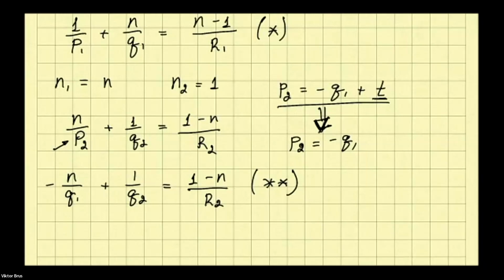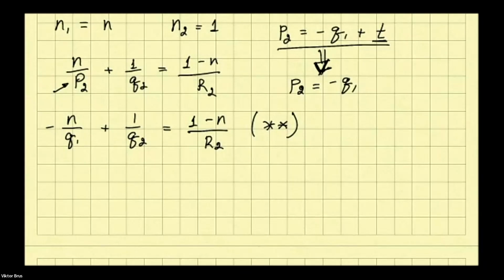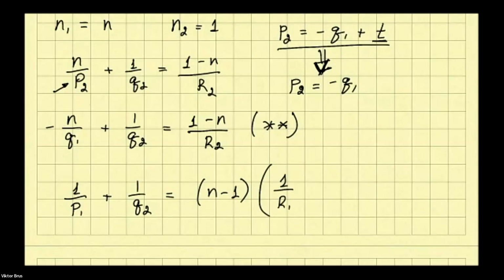Now, if we sum up these two equations, prime and double prime, we will end up with the equation for image formation by a thin lens. So it will be 1 over P1 plus 1 over Q2 is equal to N minus unity times 1 over R1 minus 1 over R2.